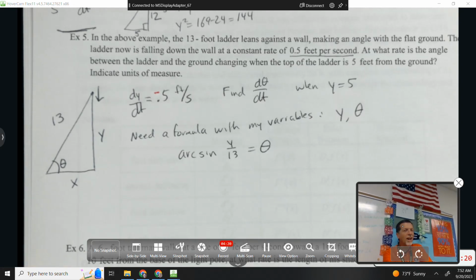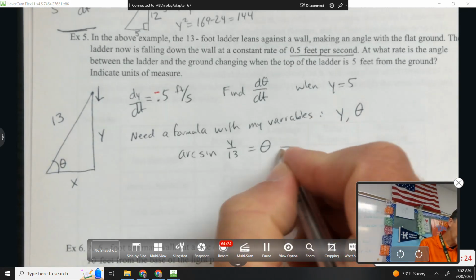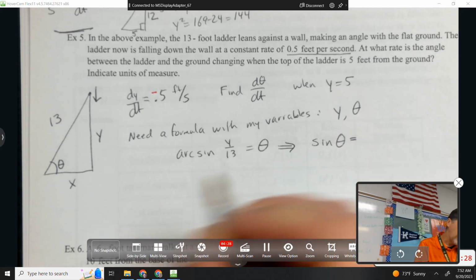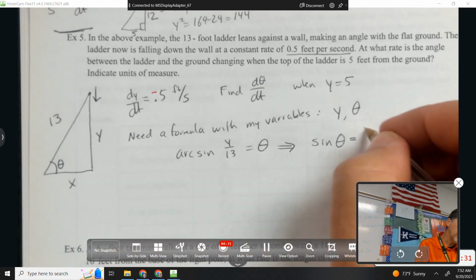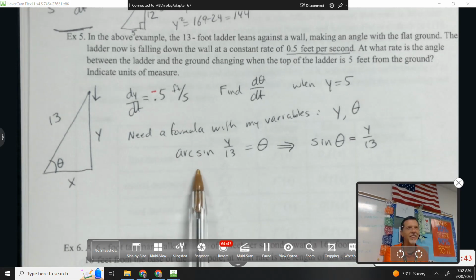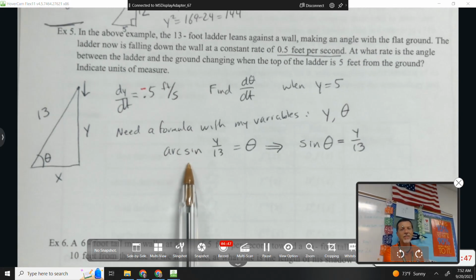So let's write it instead as a sine problem. You're on the right track. I do know the derivative of sine. So sine of theta is y over 13. That I know the derivative for. That's a very easy derivative. The derivative of arc sine is not easy. Yeah, that's a pain. We'll get there later.